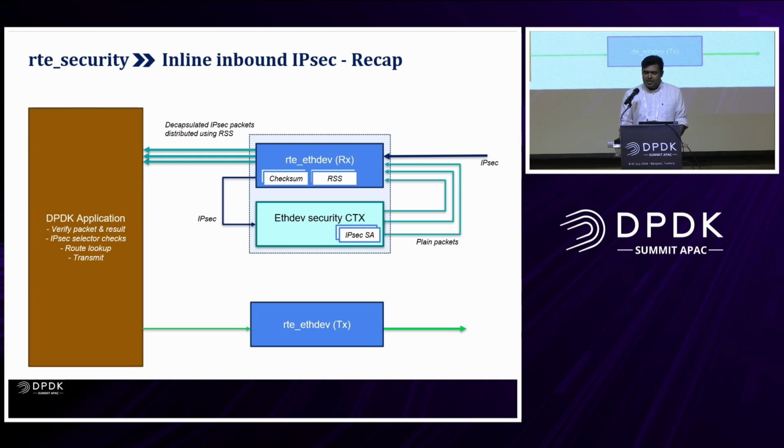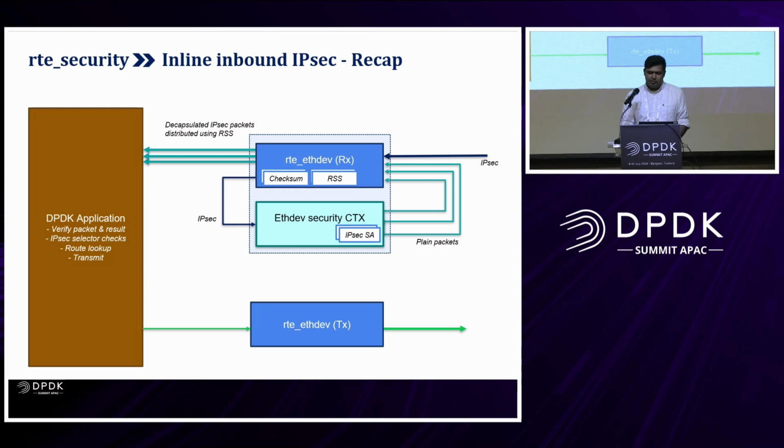So one major challenge for IPsec implementations without inline IPsec is the inability for RT-ETHDEV to distribute based on the inner IP, which is encrypted when the RT-ETHDEV first sees the packet. With inline IPsec and with required RT flow configuration, it is possible to perform ETHDEV operations such as checksum validation or RSS-based distribution after the IPsec processing is done. So this is what is shown in the diagram.